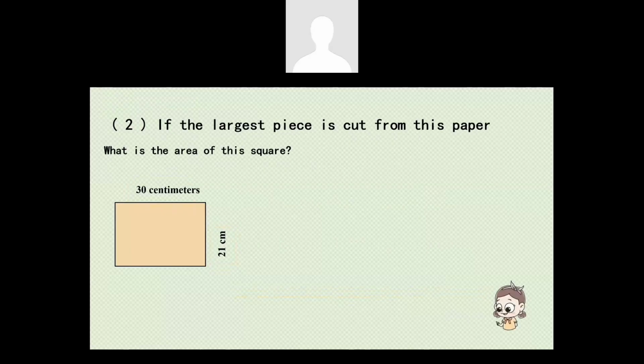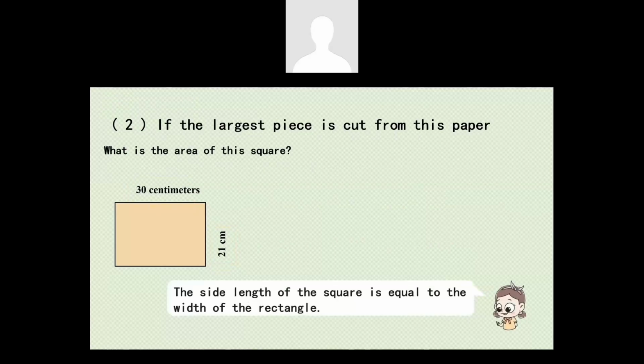From the same paper, if we cut the largest square, what is the side length and area?